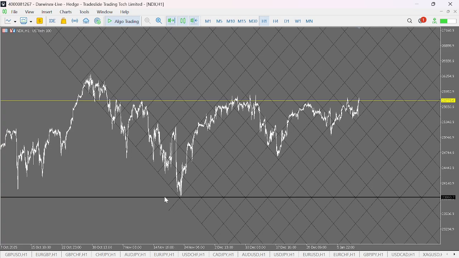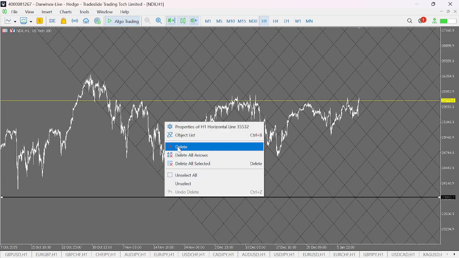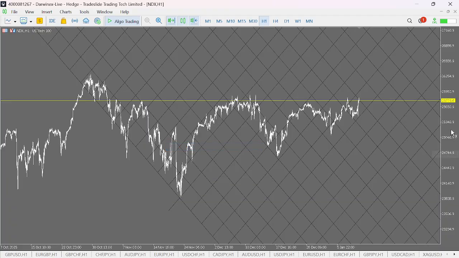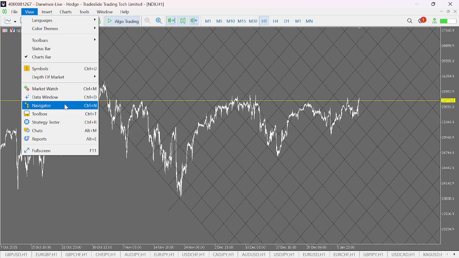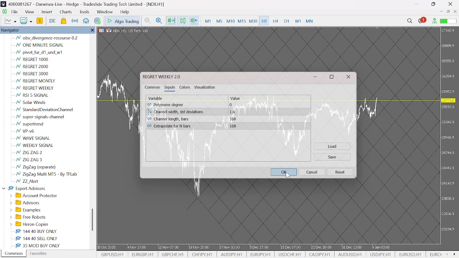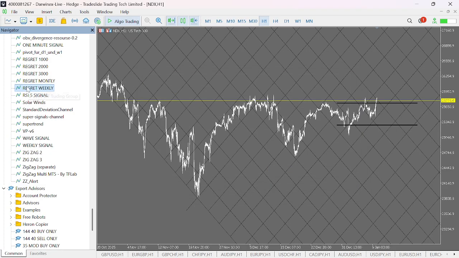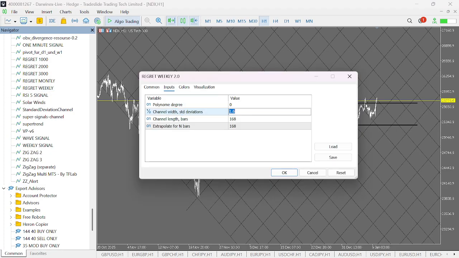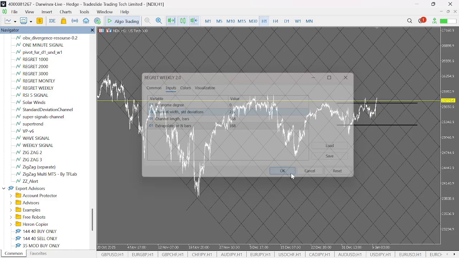So now we're going to frame our operational chart, which is the weekly chart. So we go here: weekly chart, 1.6 standard deviation; weekly chart, 2.6 standard deviation; and 3.6 standard deviation.